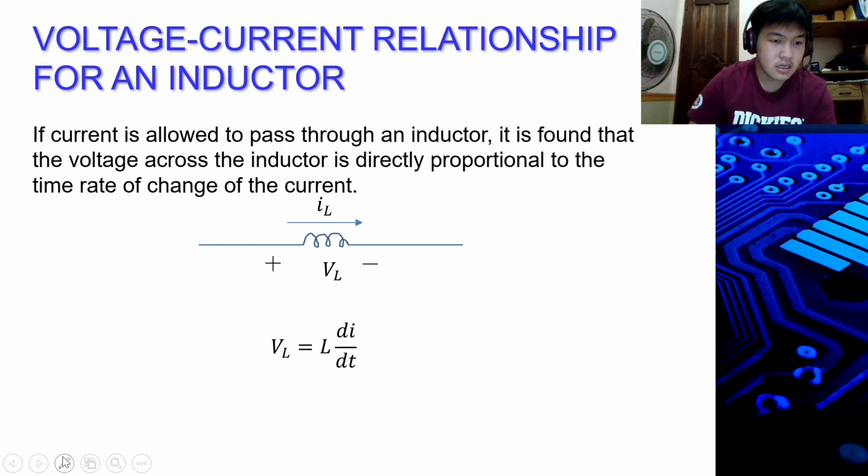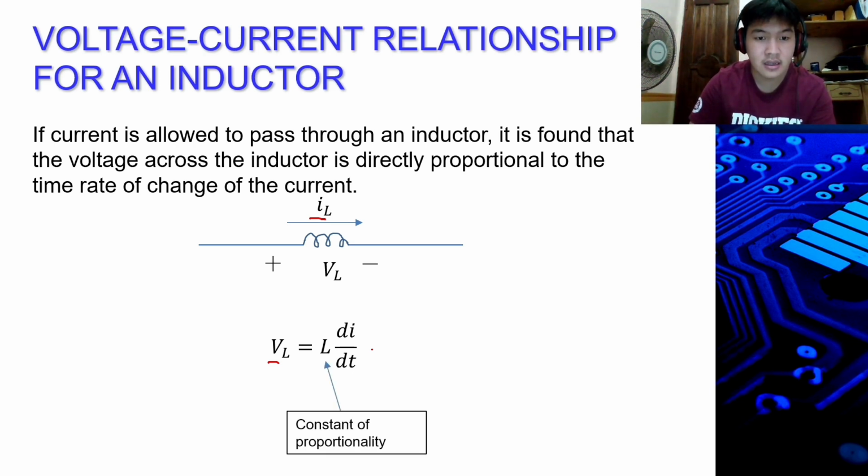In this example, we have current IL passed through the inductor, and then there will be an induced voltage directly proportional to the rate of change of current with respect to time, and the constant of proportionality will be the inductance L.